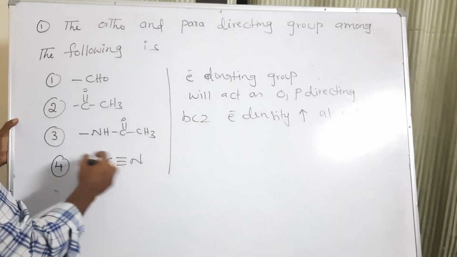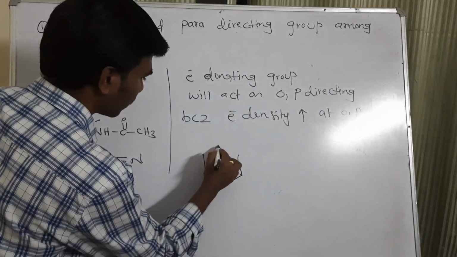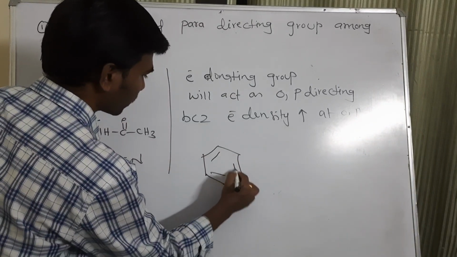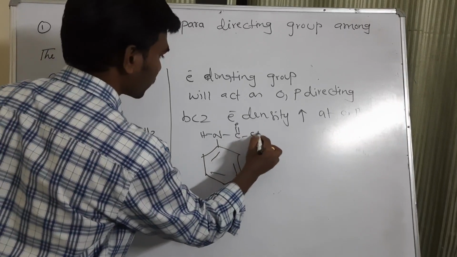So among all, the electron donating group is this one. I am taking that group on benzene like this, NH, C double bond O, CH3.